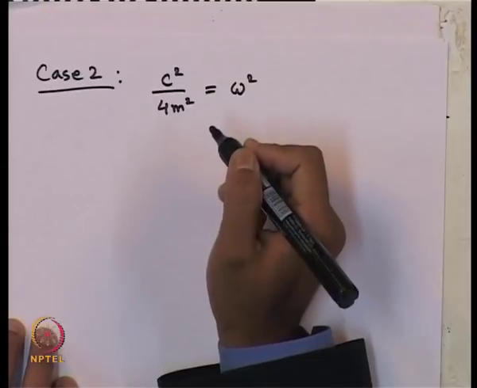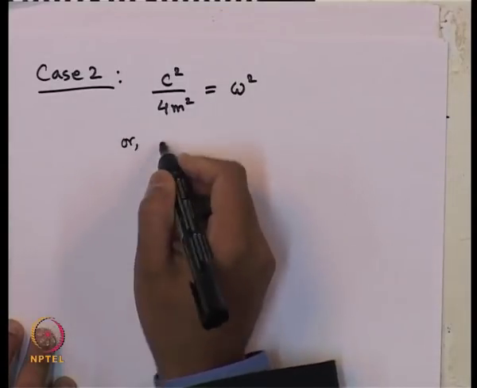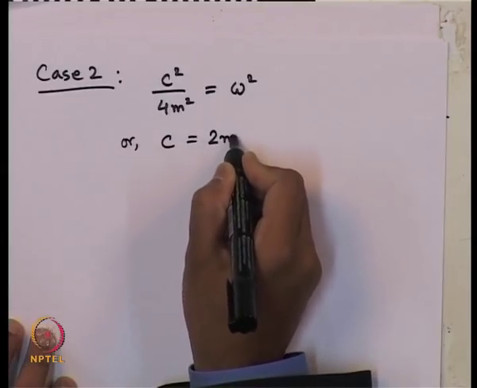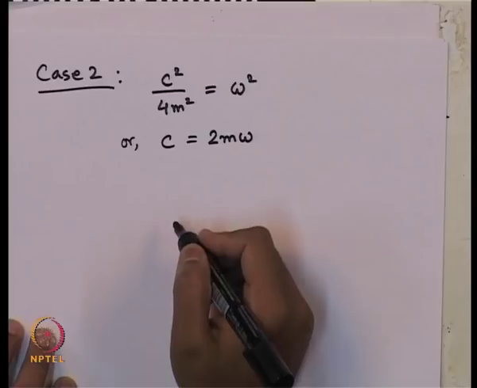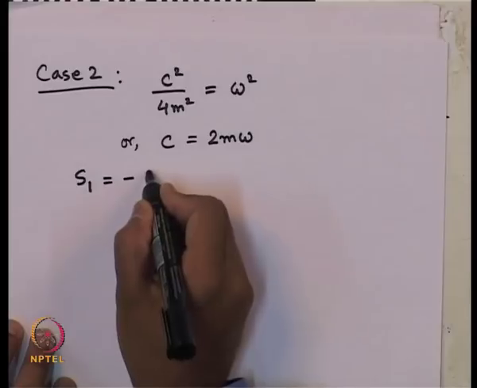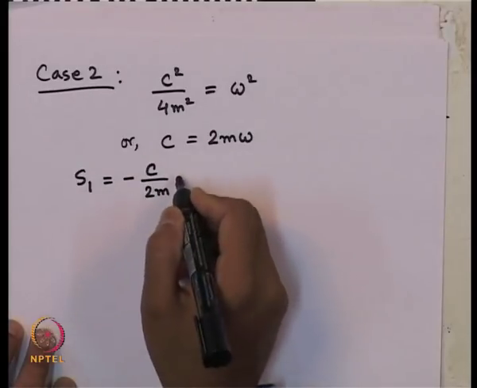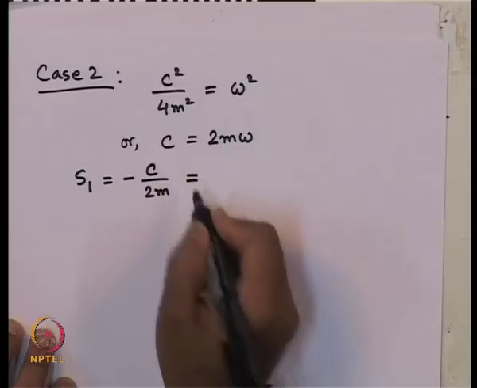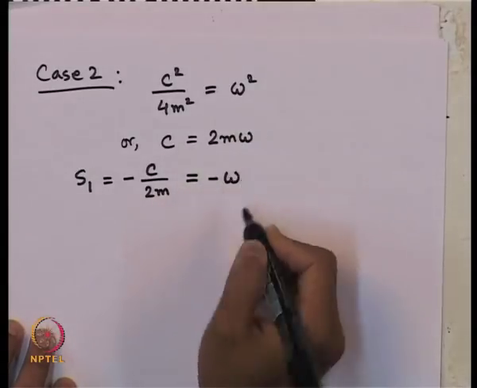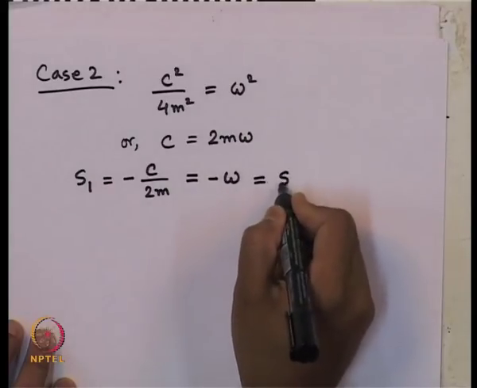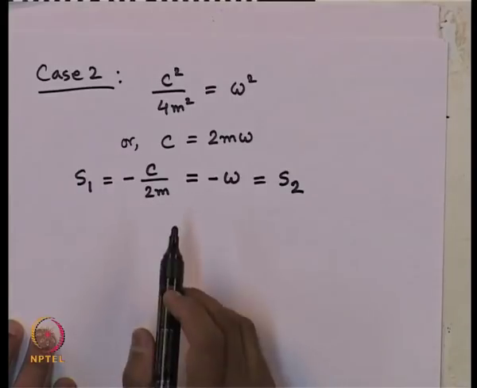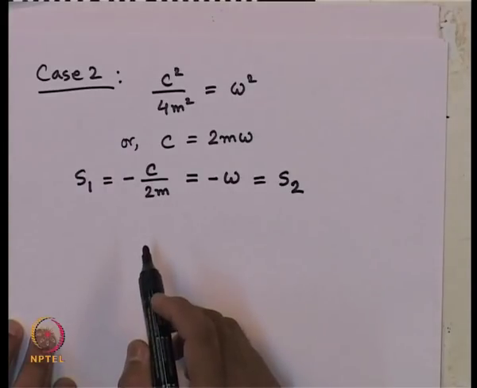So, that under root term is 0, which gives us c equals to 2 m omega, and the root s 1 equals to minus c by 2 m, under root term is 0, which is equals to, if we use this relation, minus omega. This is equals to s 2, a real value root and they are equal, both the roots are same.